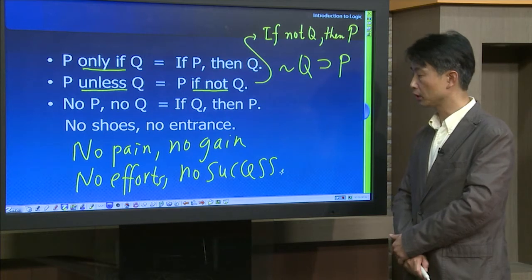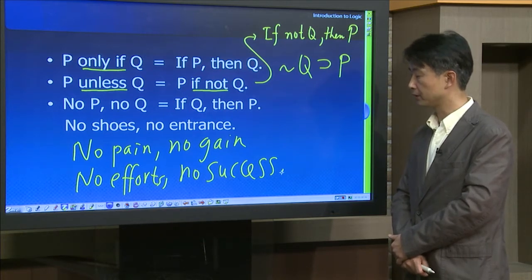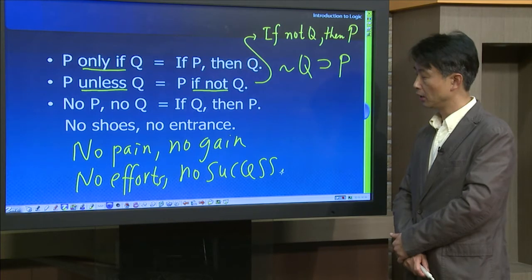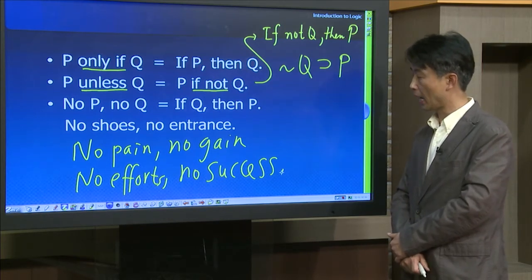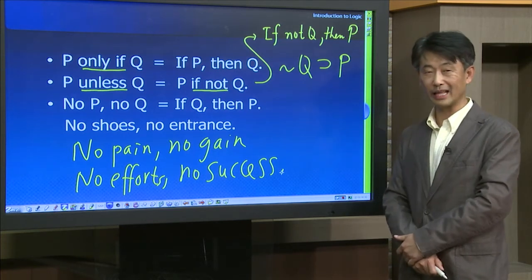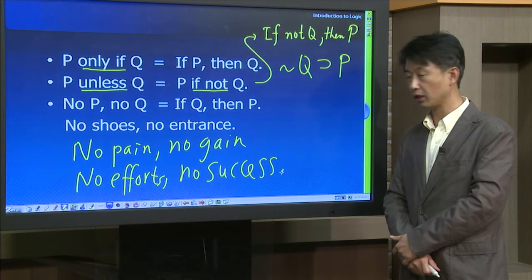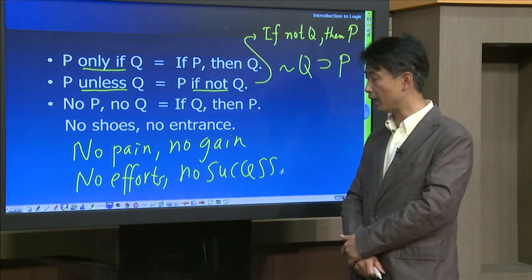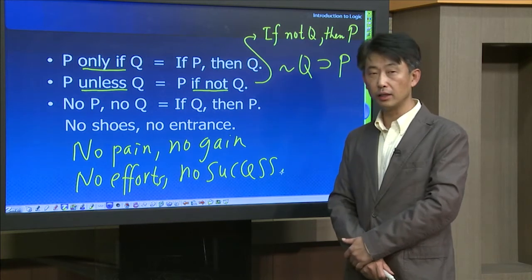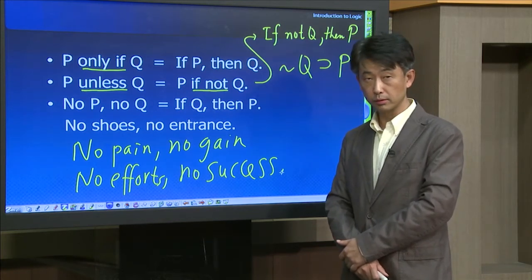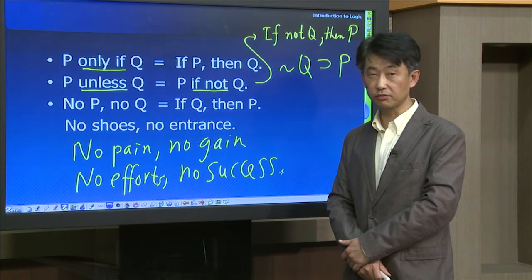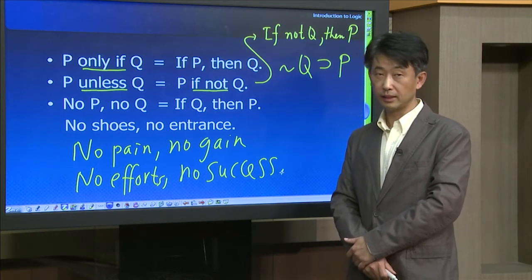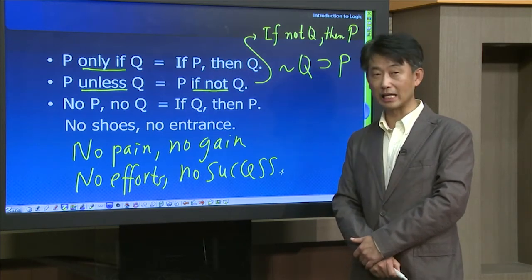So if a student complains to me after getting a bad grade and says, "Well, you said no efforts, no success, and I have made a great effort, so I have to get a good grade," then that's a bad argument. Making efforts is a necessary condition for being successful, but unfortunately, it's not sufficient.